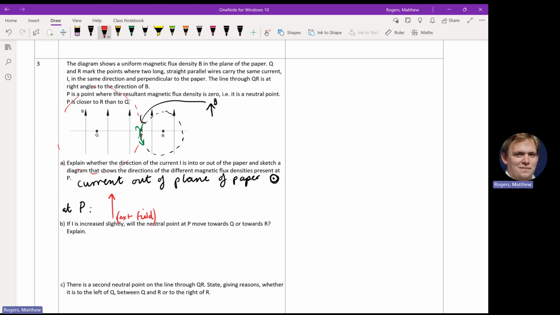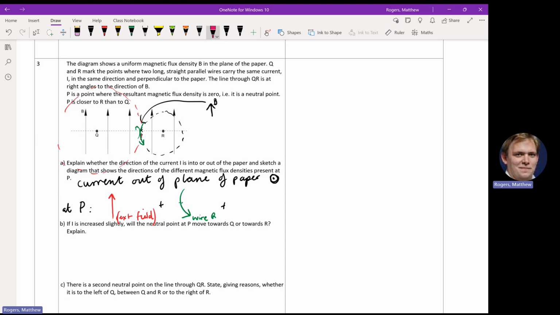Then we've got a magnetic flux density from R that's curving around this way. So at P, it's straight downwards, but the overall shape of it, and this is from wire R. And then we've got the other one, which is from wire Q. Let's use this purple color.